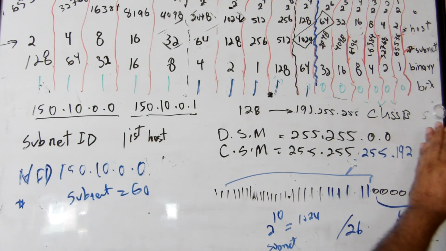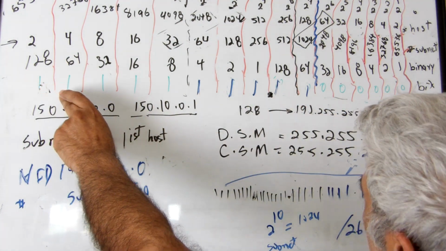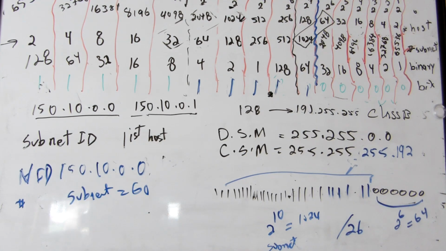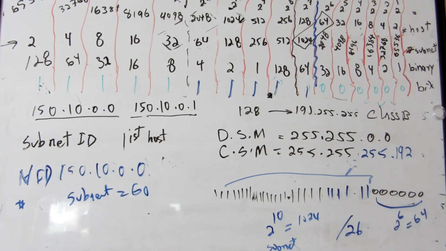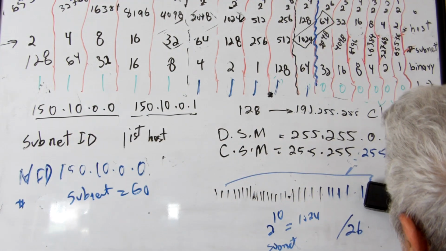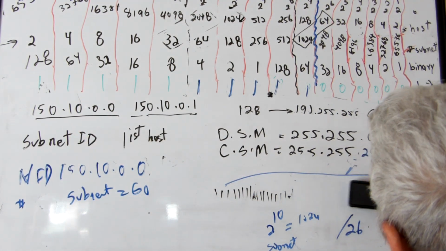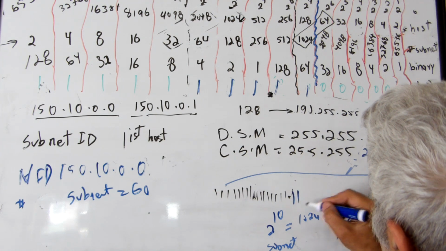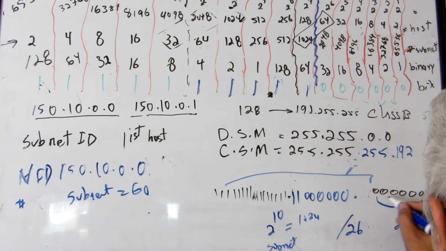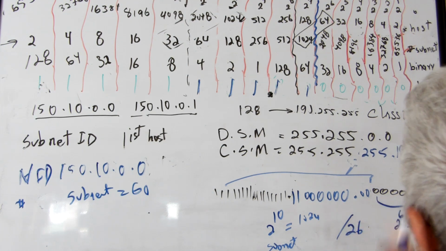So if the number of bits borrowed is 2, then there are 2 of them here, and all the rest would be 0, then there are 6 here, and then there are 8 here.